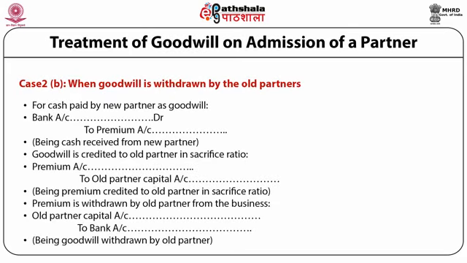For cash paid by the new partner as goodwill, bank account debited to premium account. Goodwill is credited to the old partners in the sacrificing ratio: premium account debited to old partners' capital accounts in the sacrificing ratio. When premium is withdrawn by the old partners, old partners' capital accounts debited to bank account. These are the three entries which are passed when goodwill is withdrawn by the old partners.